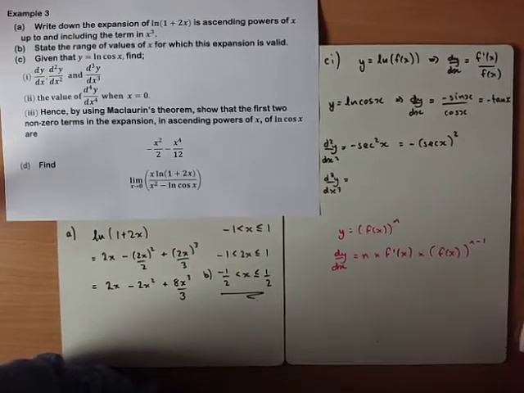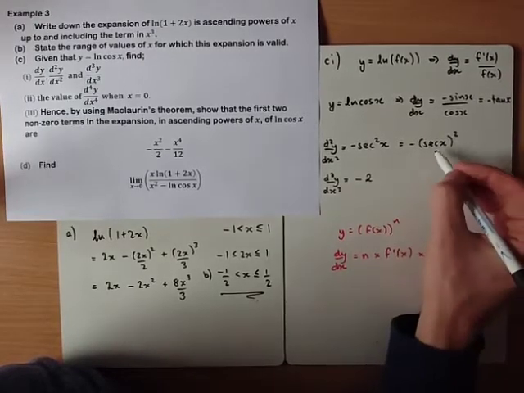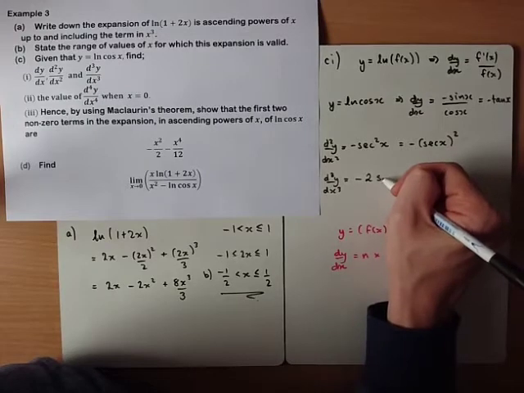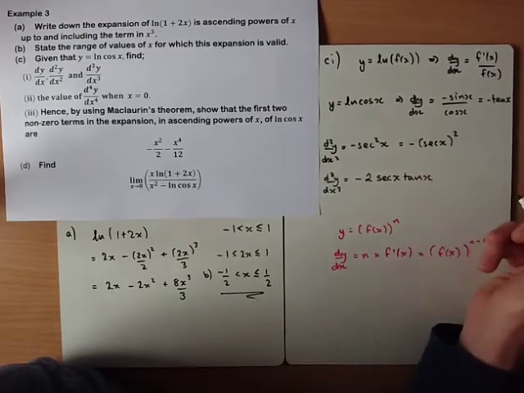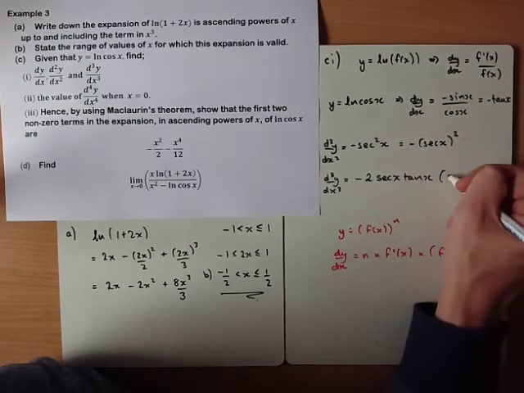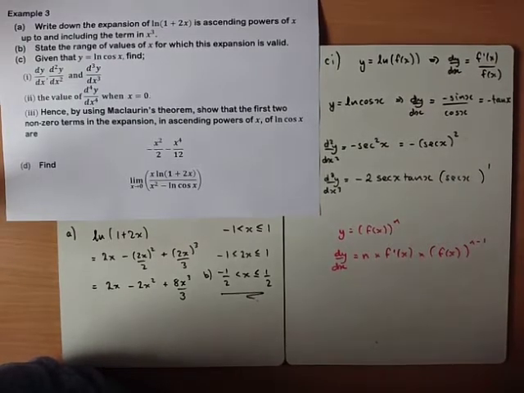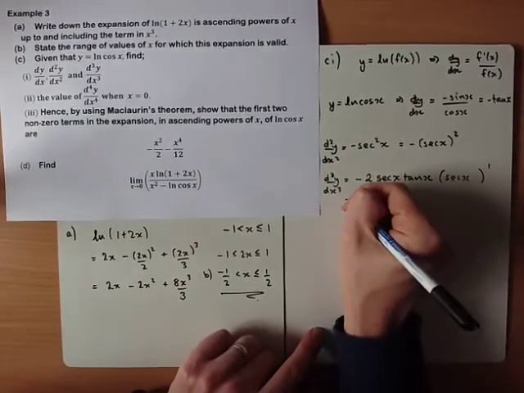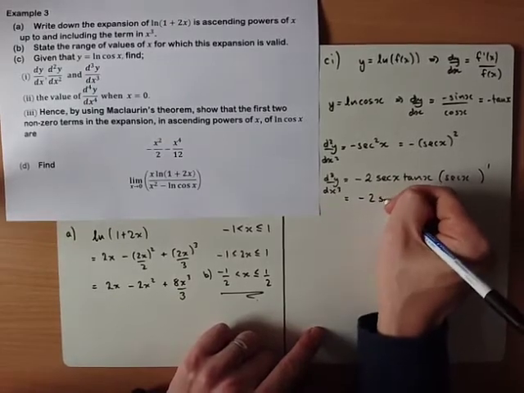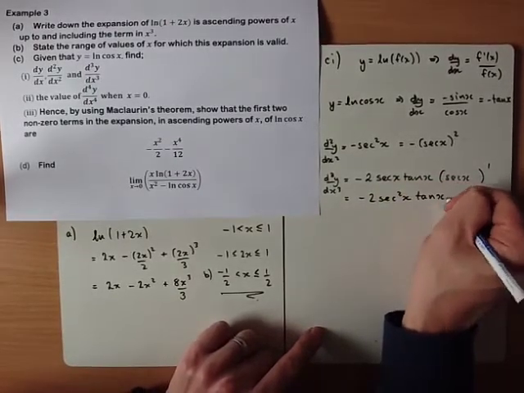So if we use that for this, times by the power, times by the derivative of sec x, which is sec x tan x, again from the formula booklet, and take 1 off the power. So just tidying this up, we'd get minus 2 sec squared tan.